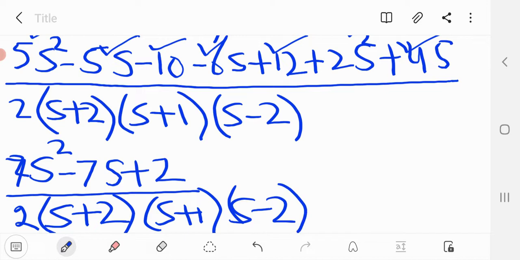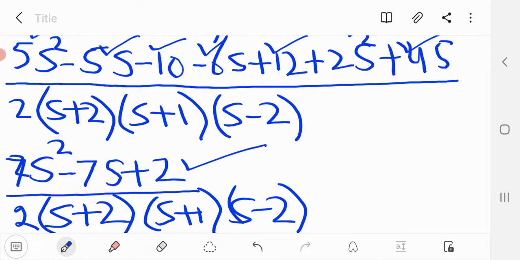This is the simplified form of this algebraic fraction, because further it cannot be simplified even if we make a factorization of this quadratic equation. The same factors s plus 2, s plus 1, s minus 2 will not arise.